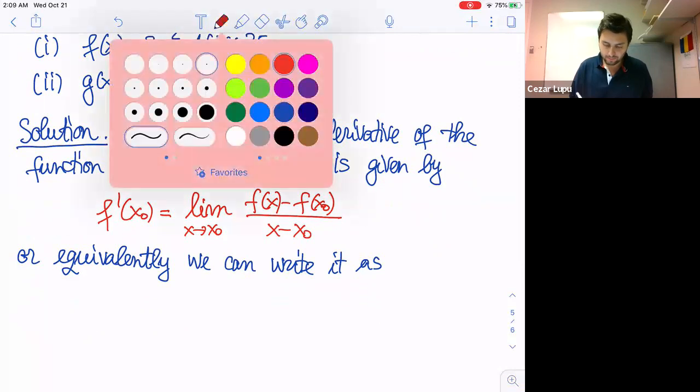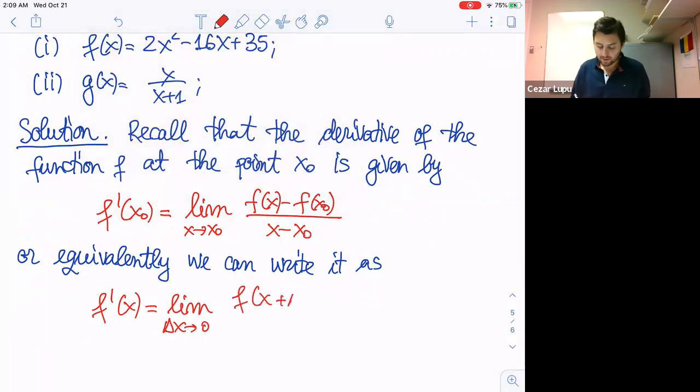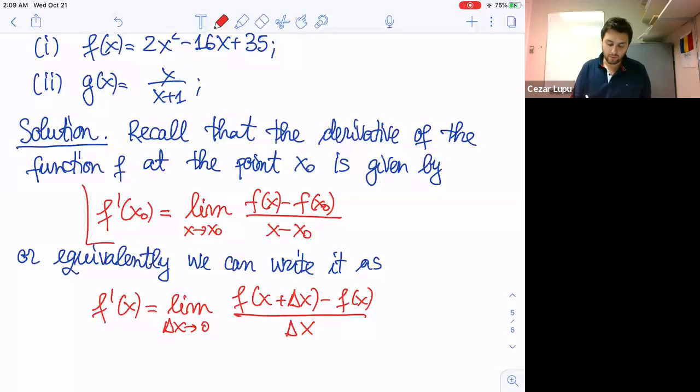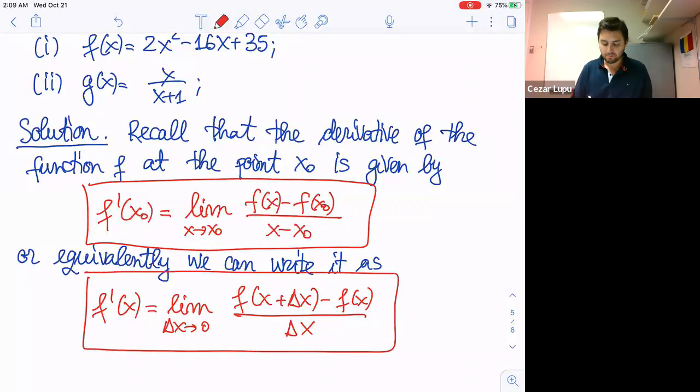So we say that f prime of x is the limit as delta x approaches 0 of f of x plus delta x minus f of x, everything over delta x. So both of them are equivalent. But now you can use either one. In previous lectures, we used the second one, right? But it doesn't really matter. You can use the first one as well.